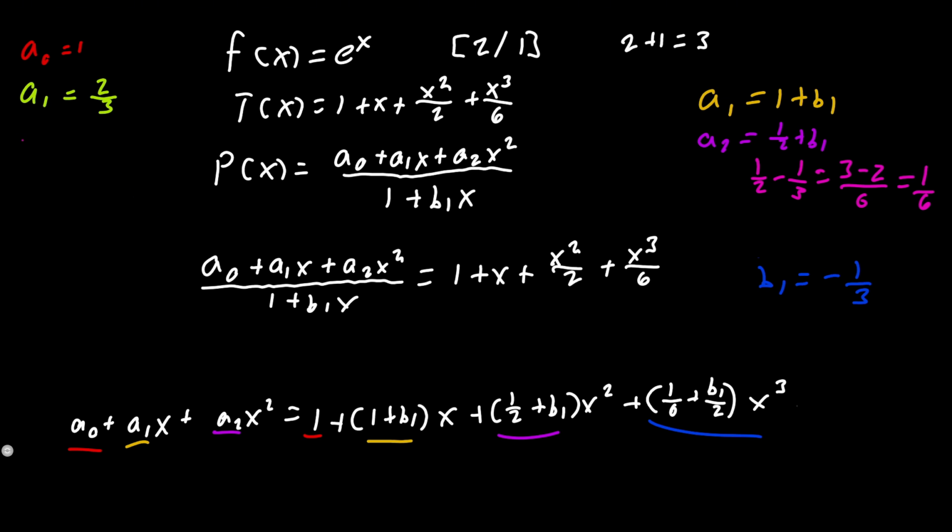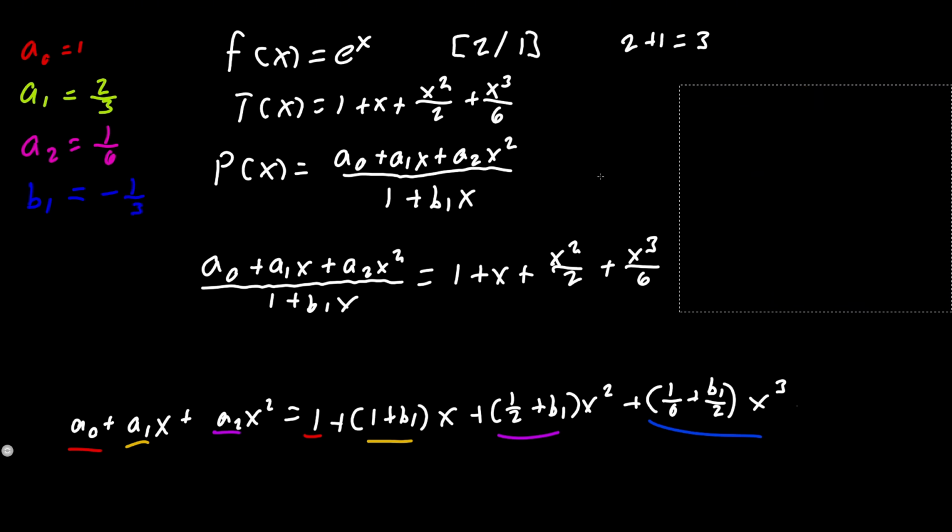So then we have that a2 is equal to 1 over 6. And we also know that b1 is equal to negative 1/3.